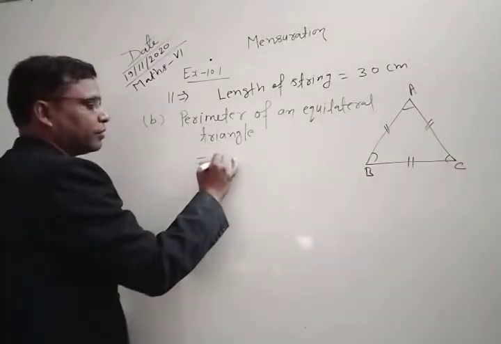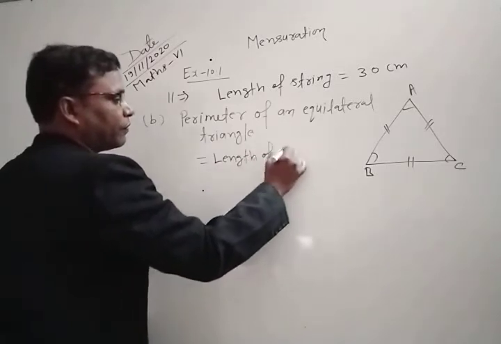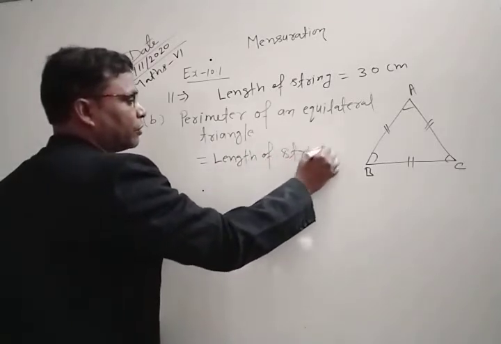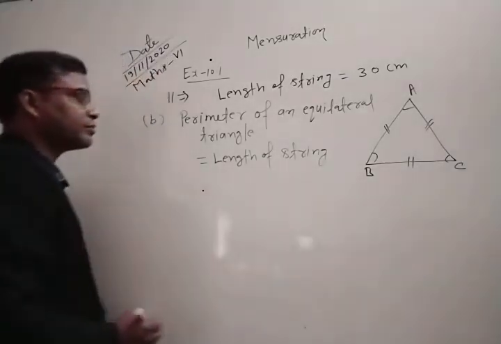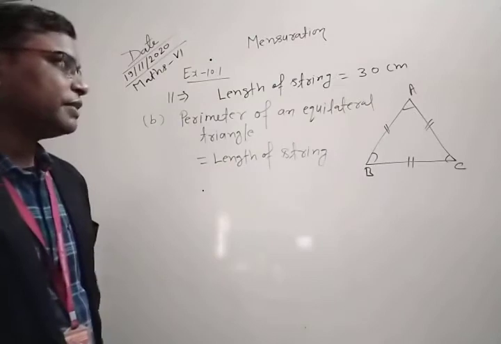Clear? Perimeter of an equilateral triangle is equal to length of string.